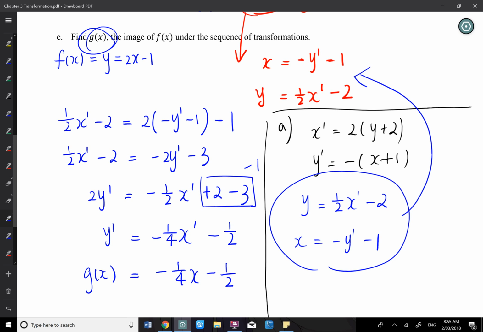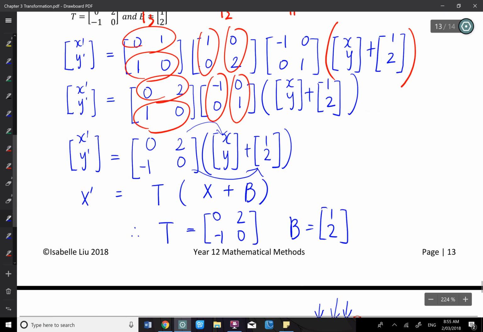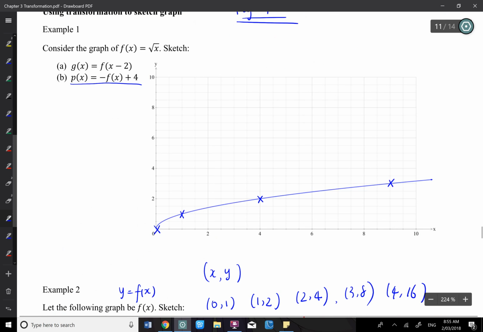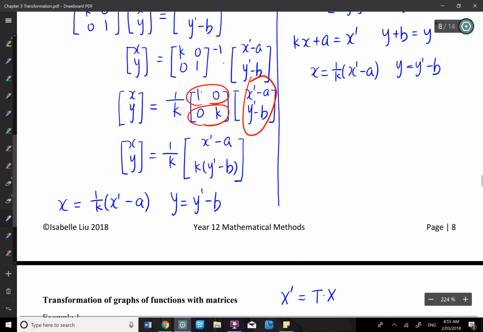Also, you need to know how to use matrix representation to describe the transformation. To describe the transformation, you should be able to write the matrix out. So what you need is x dash and y dash to be the subject, and then you write the matrix. Just like the multiple choice question we did here.